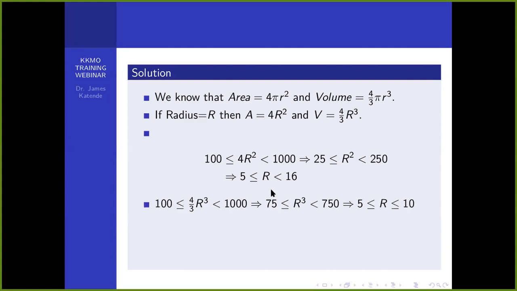The same ideas can be used to find another set of values for R using the value of V and the fact that V is also a 3-digit number. We set up the inequality: 100 is less than or equal to 4 over 3 R cubed, and strictly less than 1000.